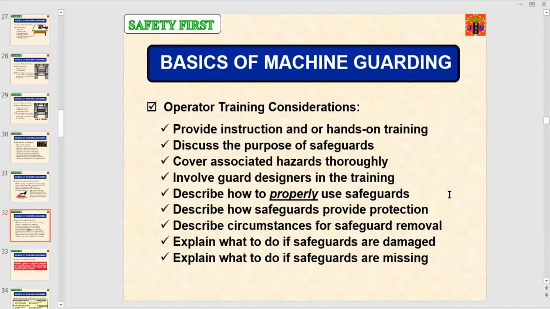Dear friends and fellows, let us describe operator training considerations: provide instruction and hands-on training. Discuss the purpose of safeguarding, cover associated hazards thoroughly, involve guard designers in the training, describe how to properly use safeguards, describe how safeguards provide protection, describe circumstances for safeguard removal, explain what to do if safeguards are damaged, explain what to do if safeguards are missing.